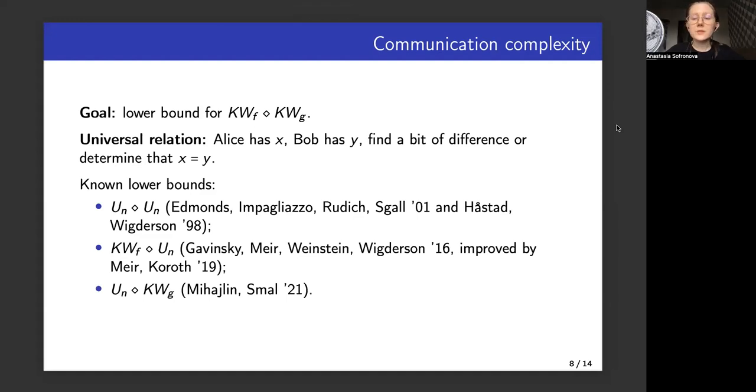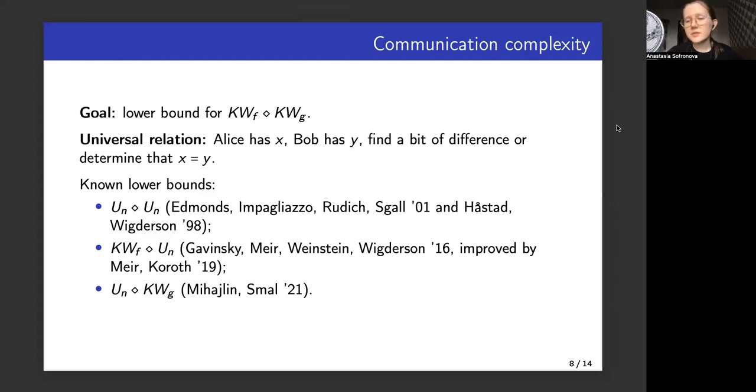And there is quite a number of known lower bounds involving the universal relation. For example, for the composition of two universal relations, for a composition of a Karchmer-Wigderson game with the universal relation, and the other way around. And you can see that the last results are actually quite recent.